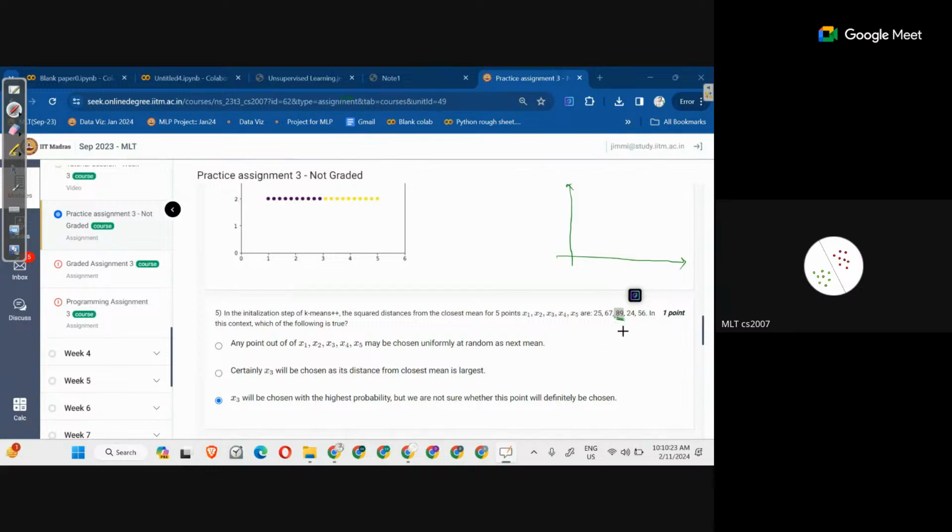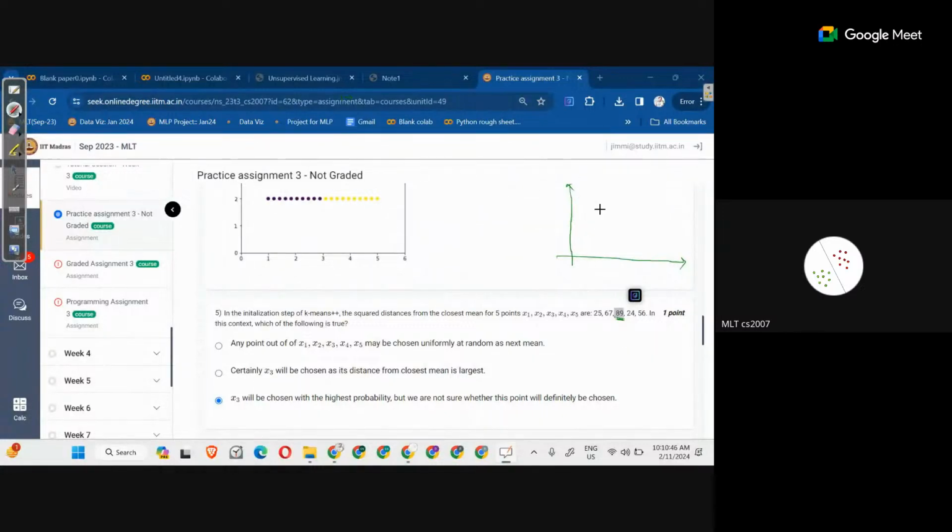But there would be cases, maybe when your density changes, or the shape of the different clusters is different. Based on the shape of clusters and density of points, this distance formula cannot work. So in those cases, this probability part comes into the picture.